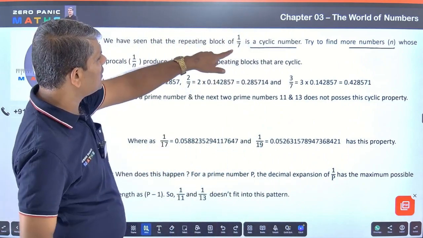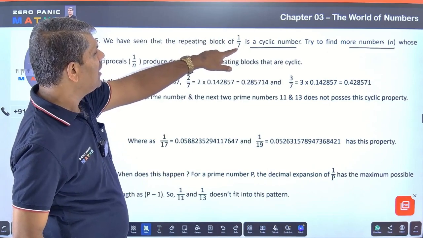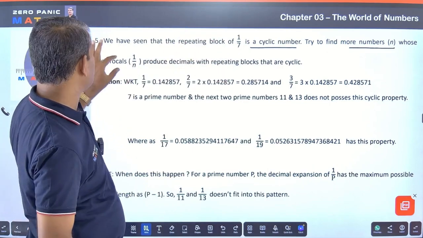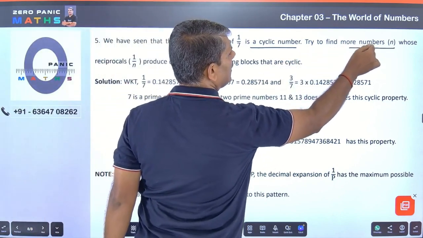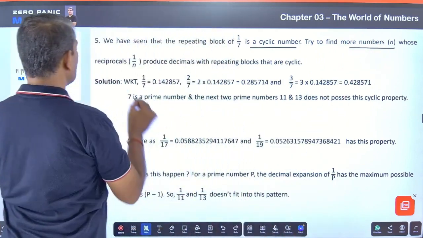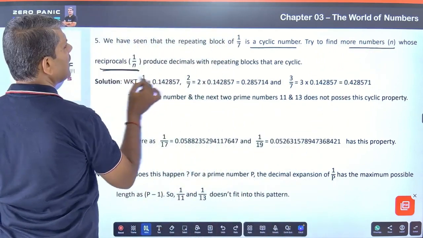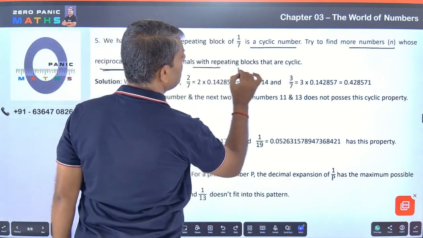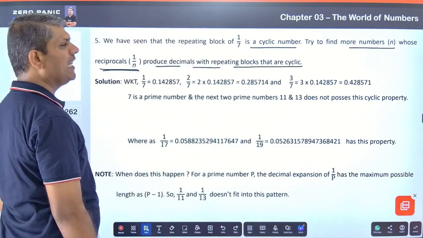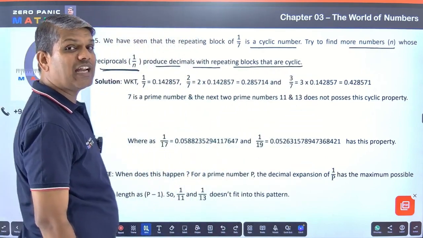So considering 7 as n here, the reciprocal of that is 1 by 7. They are saying try to find some more such numbers n whose reciprocal 1 by n produces decimals with repeating blocks that are cyclic.